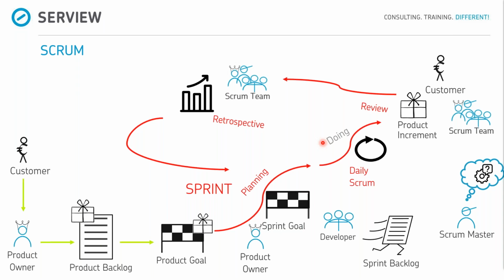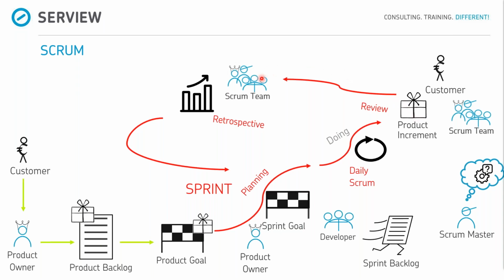At the end of the sprint, at the end of the time box, the 4 weeks, the whole Scrum team and the customer meet together in the sprint review to see the results of the sprint. In this event, the customer can give feedback directly and the product owner has to check the product increment.